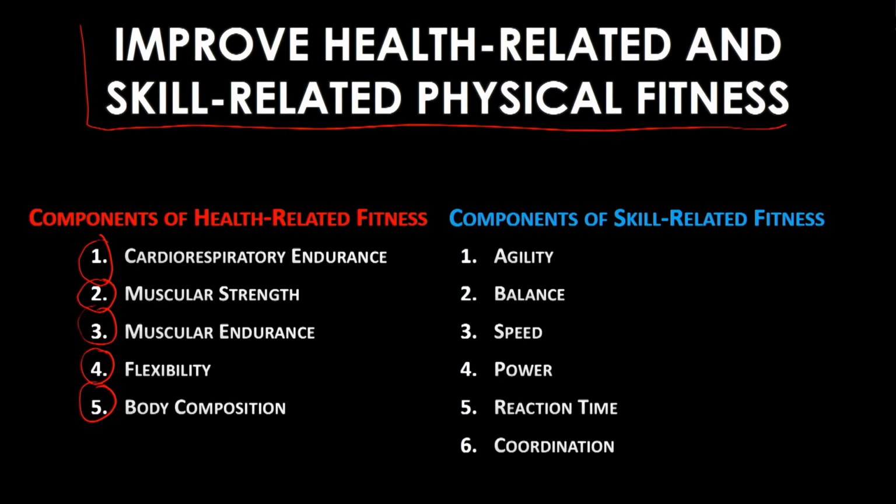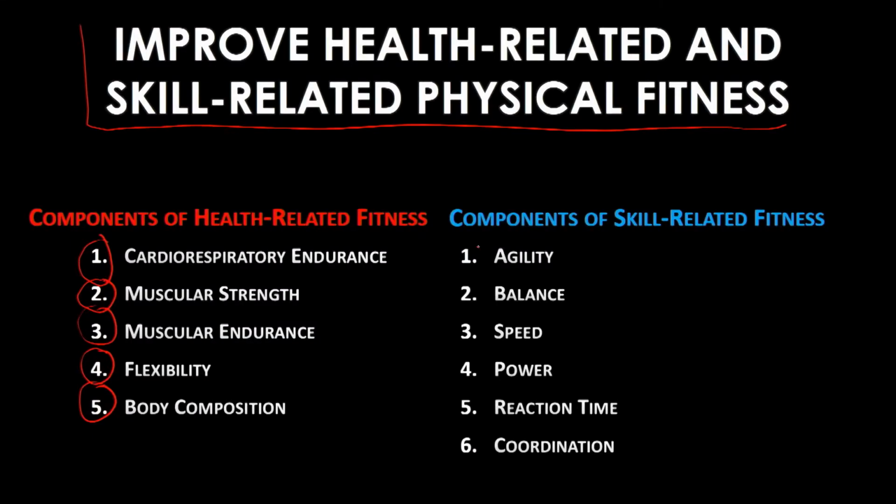Those health-related fitness components, which are your functional fitness components, are the ones that you require for your day-to-day activities. And so we need to develop these as a foundation in order to move to the skill-related fitness components, where we spoke about the six, which is agility, balance, speed, power, reaction time, and coordination.